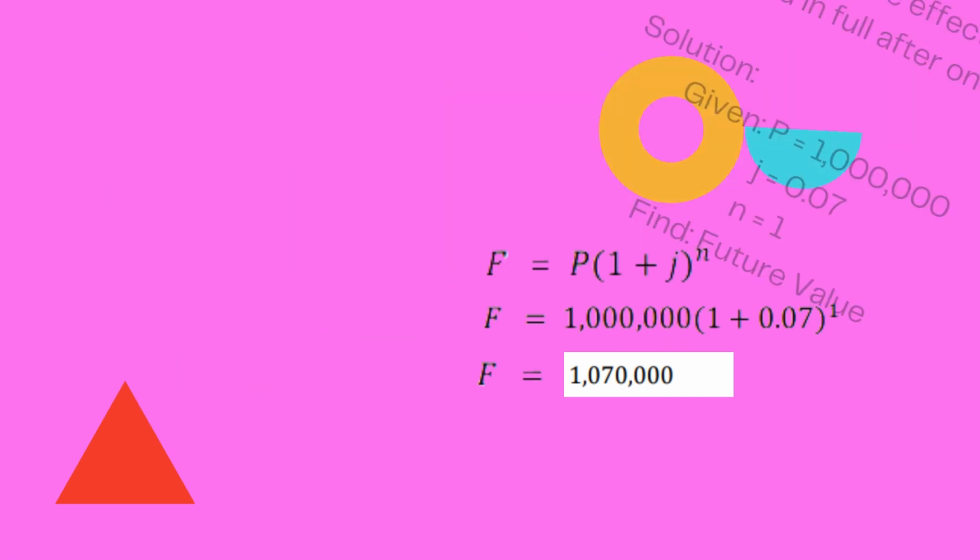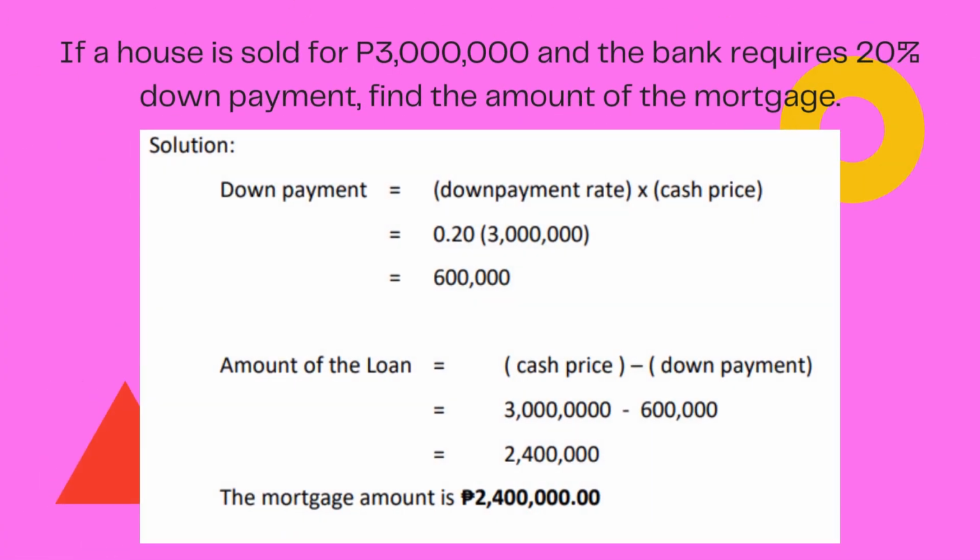So next, we have here another example. If a house is sold for 3 million and the bank requires 20% down payment, find the amount of the mortgage. So first, since our given is only 3 million pesos and the 20% down payment, we have to get first the exact amount of the down payment.